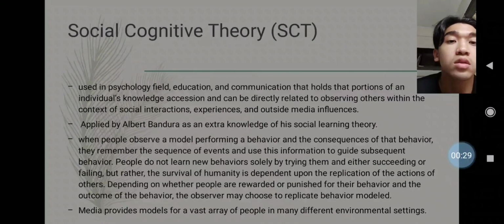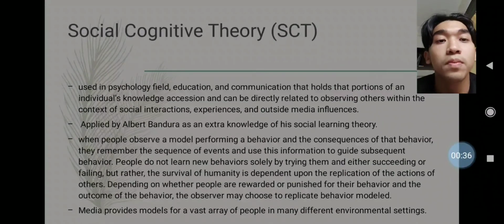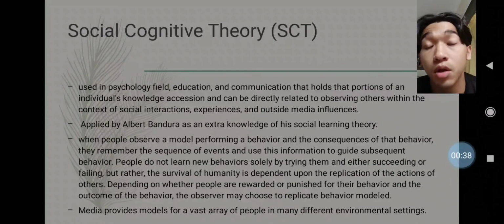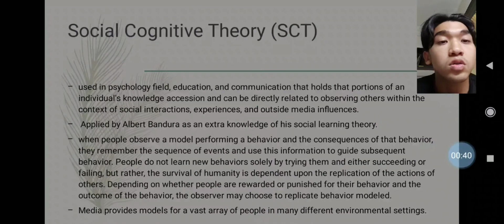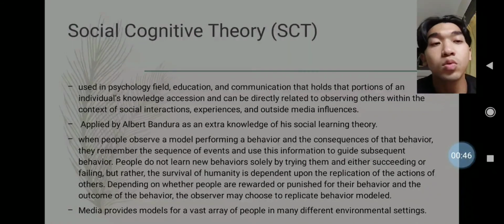SCT was developed by Albert Bandura as an extension of his social learning theory. When people observe a model performing a behavior and the consequences of the behavior, they will remember the sequence of events and use this information to guide subsequent behavior.